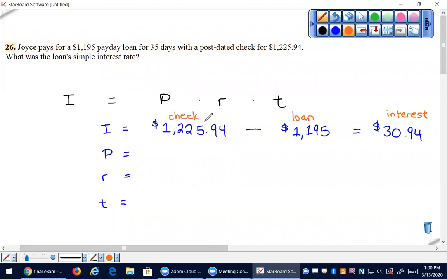So she borrowed this much, and at the end of the 35 days, she has to pay back that much. That's part of what her check covers. Anything beyond that amount must be what she's paying for the interest. She's not going to just give the money.